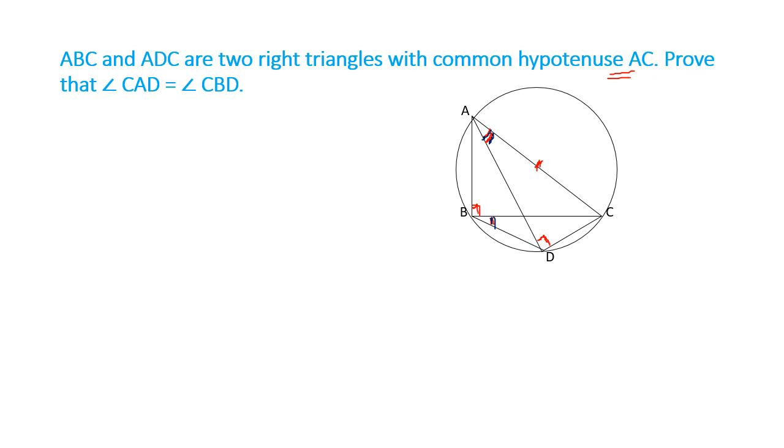Okay, they mentioned a question here, but I think we don't have to prove anything here. This sum is already proved by itself. ABC and ADC are two right angles with common hypotenuse AC. We have to prove angle CAD equal to CBD. Okay. So the only thing we have to prove is what? These two angles are equal.